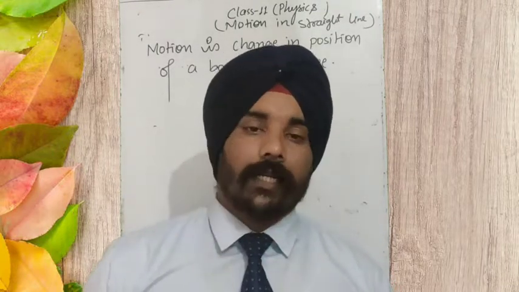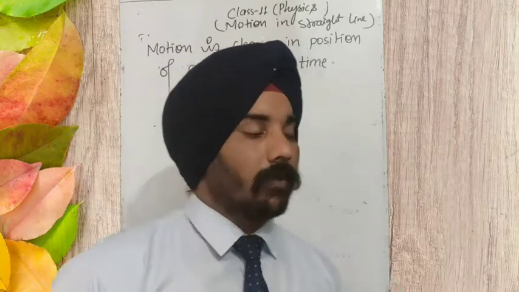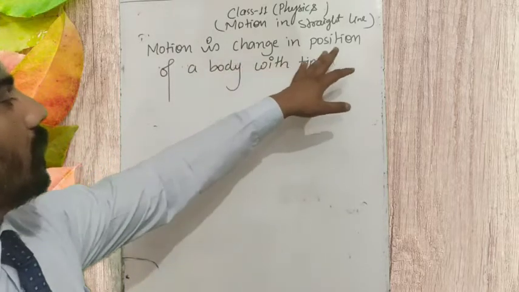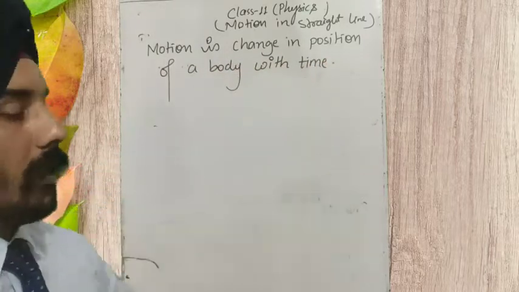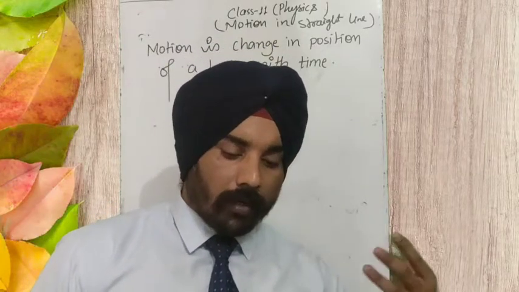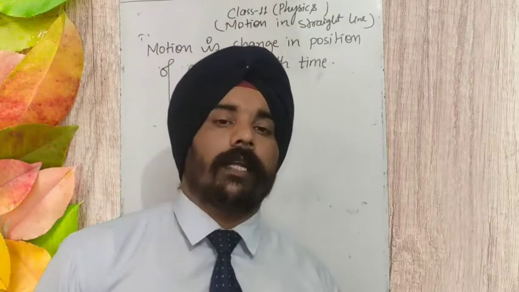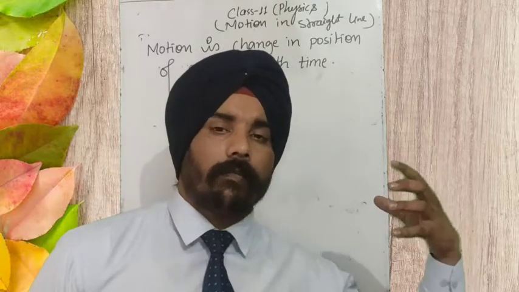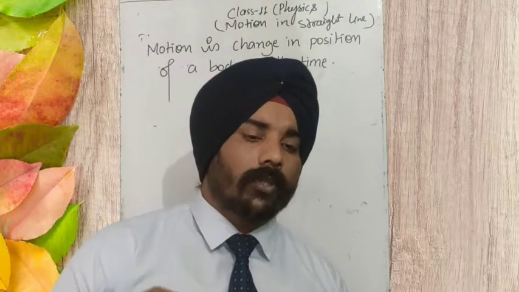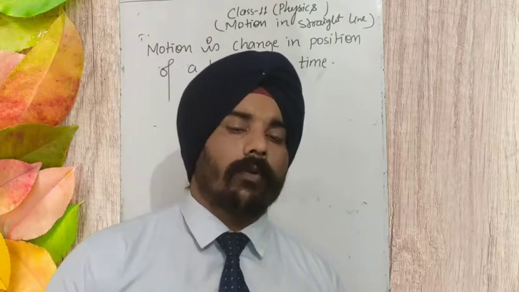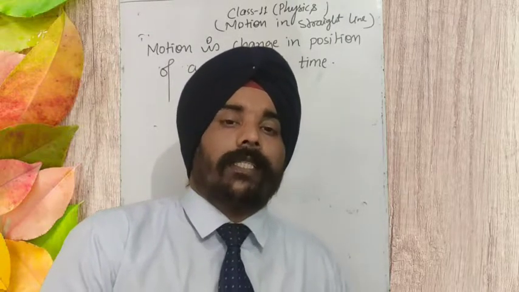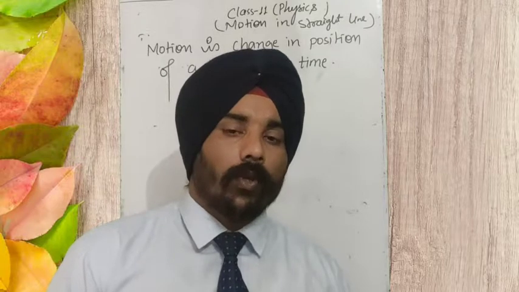Let us start from the definition of motion that we have just written on the board. Motion is the change in position of a body with time. Is it a correct definition? When you studied this in class 9th, you might have studied that a body is said to be in motion when it is changing its position with respect to a fixed point with time.